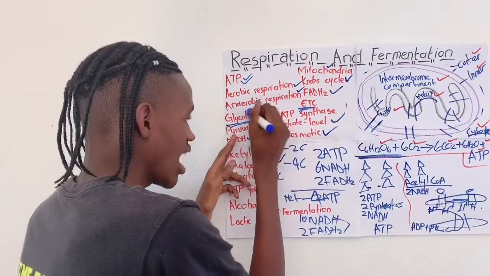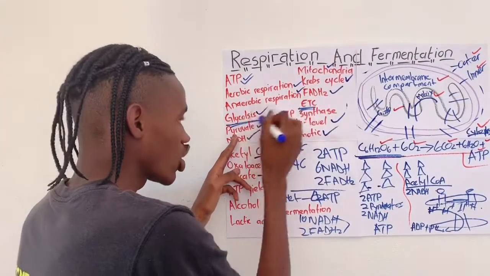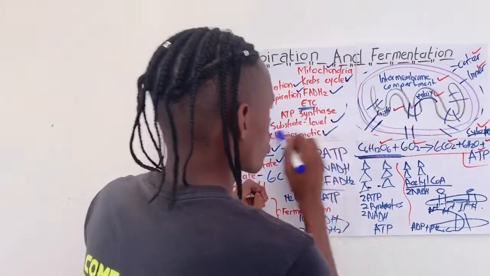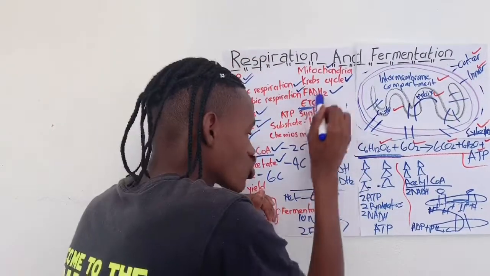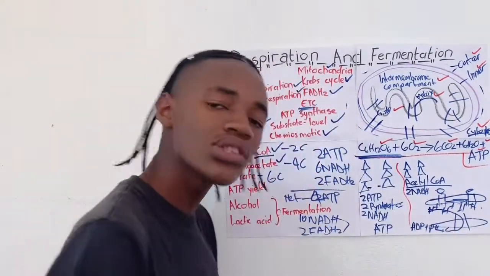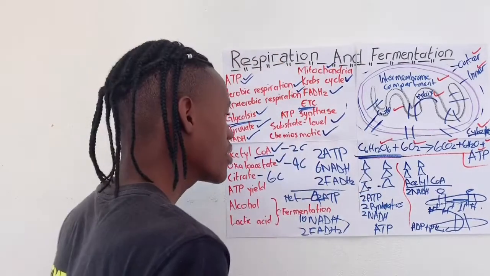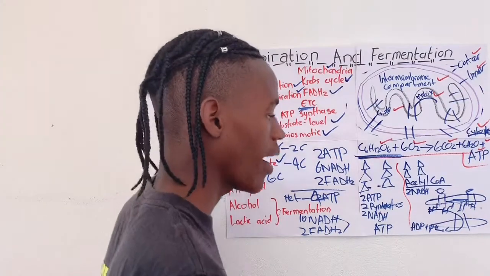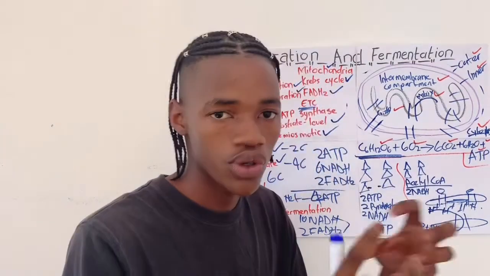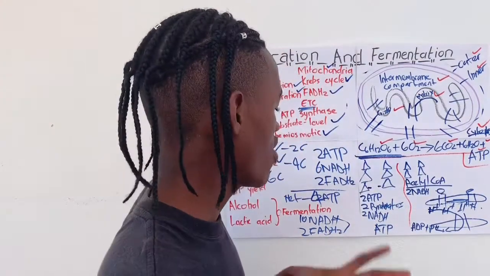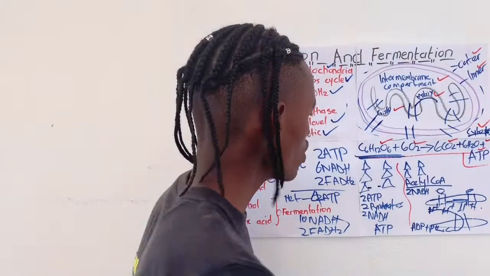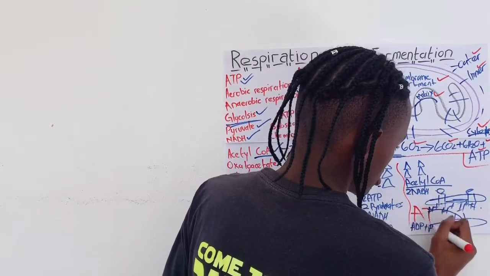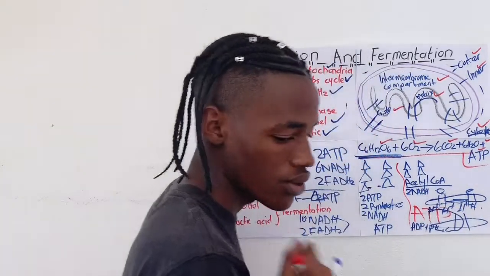The Krebs cycle and glycolysis produce ATP by substrate level phosphorylation, and then the electron transport chain produces ATP by chemiosmotic phosphorylation, whereby they use the ATP synthase to produce the ATP. And then now that is how we make our ATP.